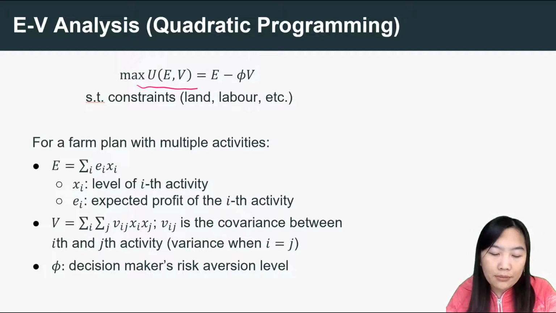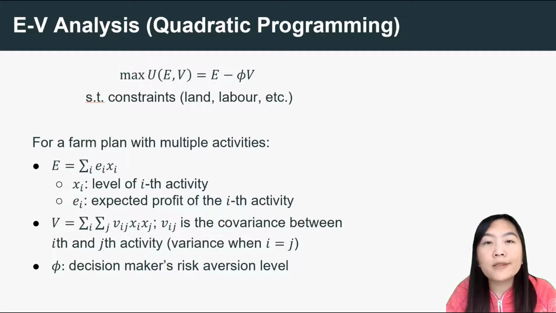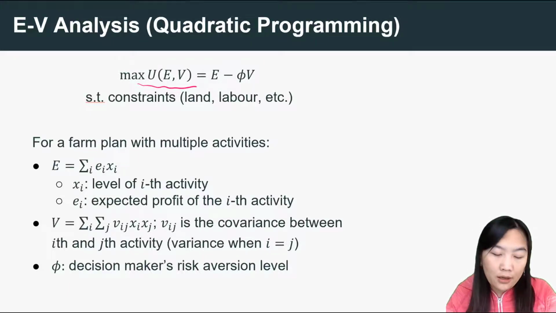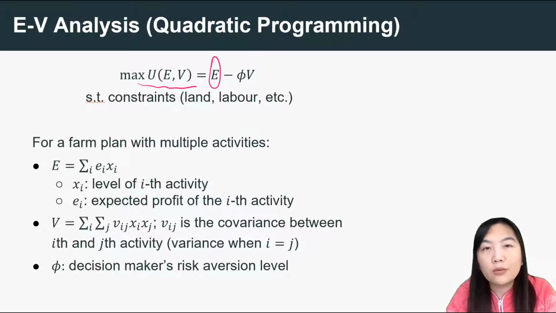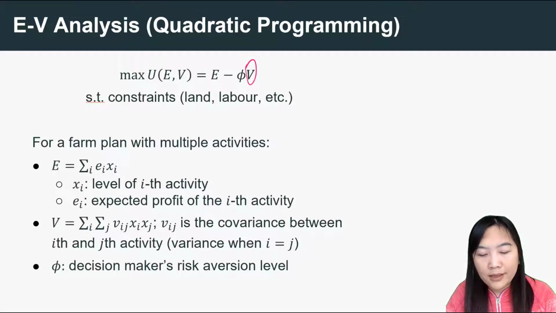For example, if canola has higher risk, then the utility you get from canola is lower compared to wheat, if they have the same level of expected profit. Canola having a higher V, or higher risk, gets penalized in the producer's utility function.